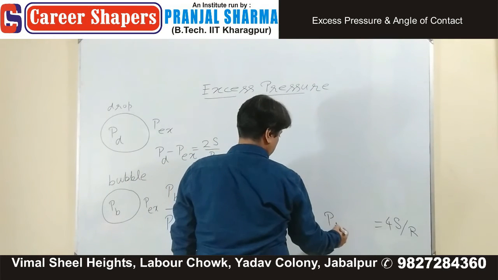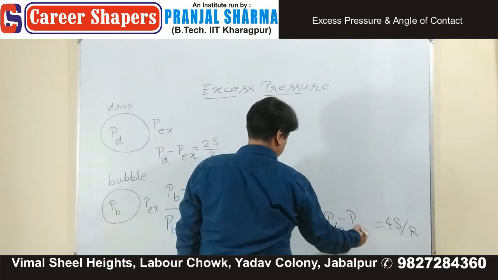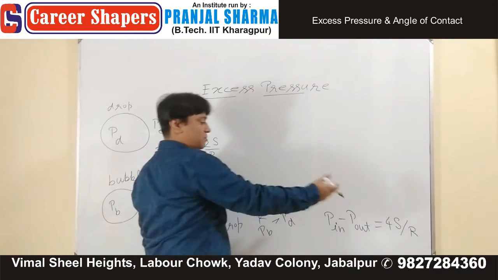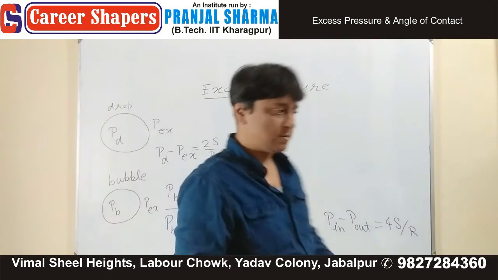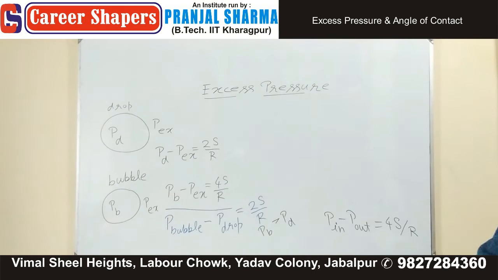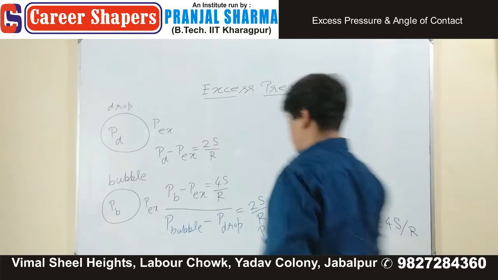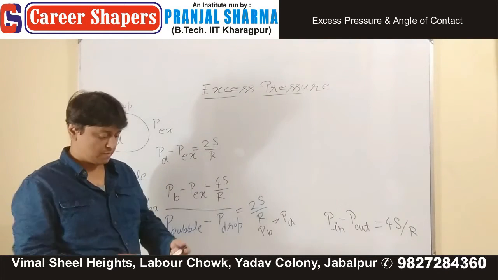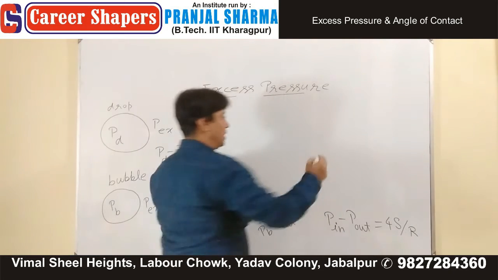P in minus P out. Out means external. P in minus P out is coming what? 4S divided by R. P internal minus P external is coming what? 4S divided by R. You have a larger bubble.